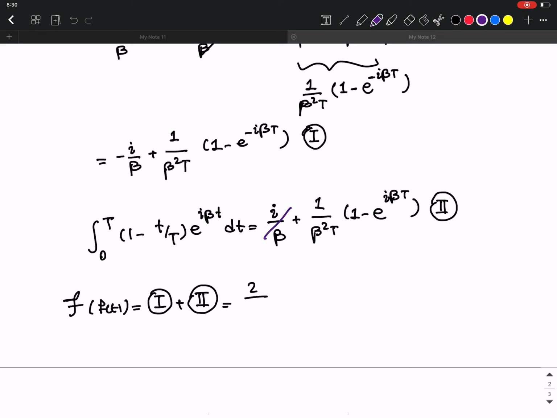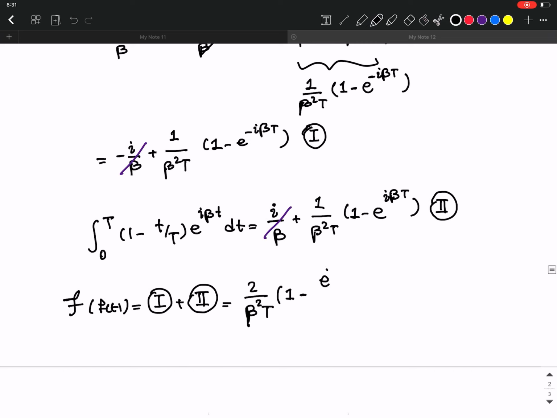This one is going to cancel out with this one, so I'm left with 2 over beta squared t times 1 minus e to the power minus i beta t plus e to the power i beta t over 2, right?